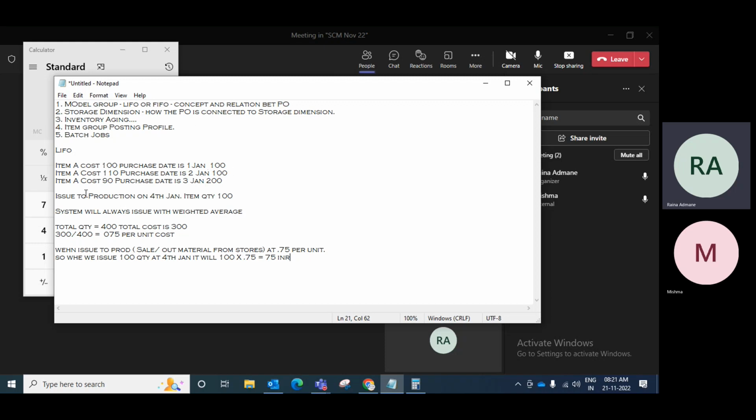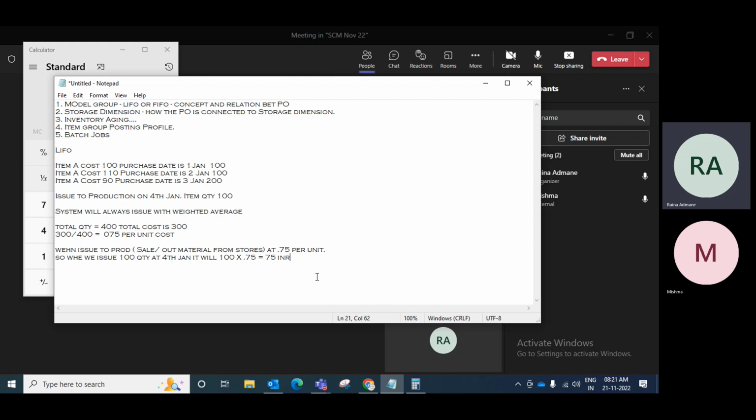You are purchasing the item, you are issuing the item, then your production starts, finished goods are generated and finished goods are sold. When you sell the item, your final cost of material will be calculated. At that time, the system will take this weighted average cost. But as you say, you defined the method as LIFO.